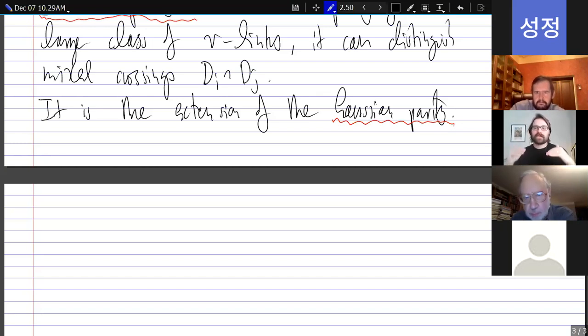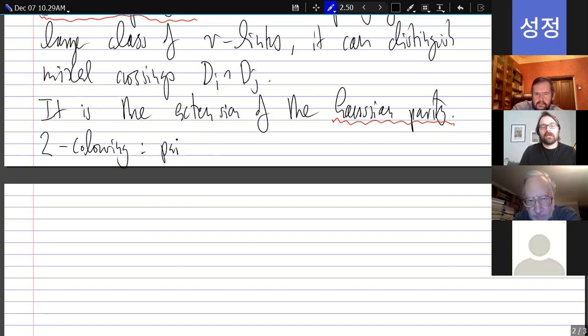But then when you pass to virtual links, you have to make a choice, and this yields a parity. So this is sort of governed in the two coloring case by, I won't tell you what the two coloring is yet, but I'll just say that a two coloring is a particular coloring of a virtual diagram.